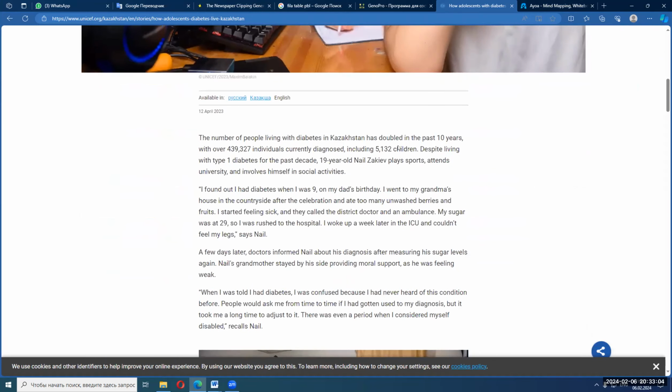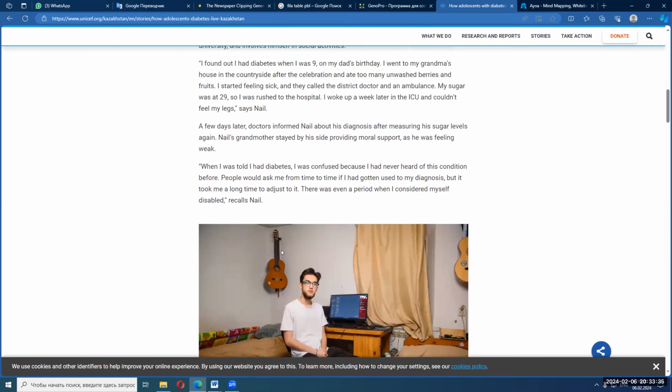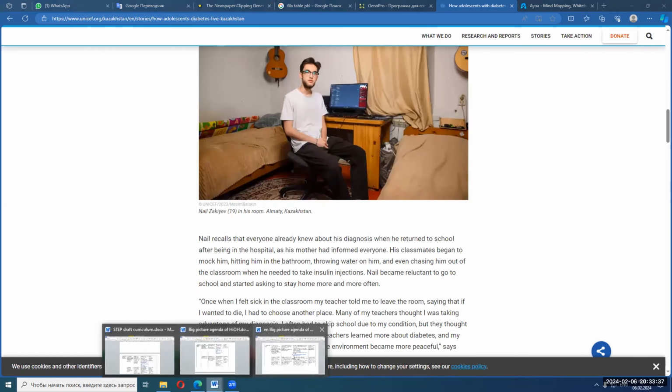For example, it's doubled in the past 10 years. We counted it's 2% of our population. But we think we will find the previous number of people who have diabetes, and we will check the dynamics of changing. So this is the first lesson.